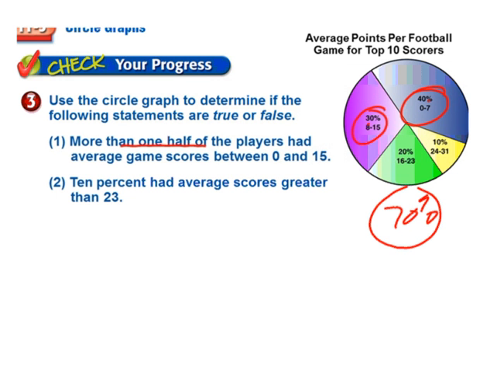That is definitely more than 1/2. So that statement is true. And 10% had average scores greater than 23. Let's find the average that would be greater than 23. Greater than 23 is 24 to 31, and that is 10%. So that statement is also true. So both of these statements are true.